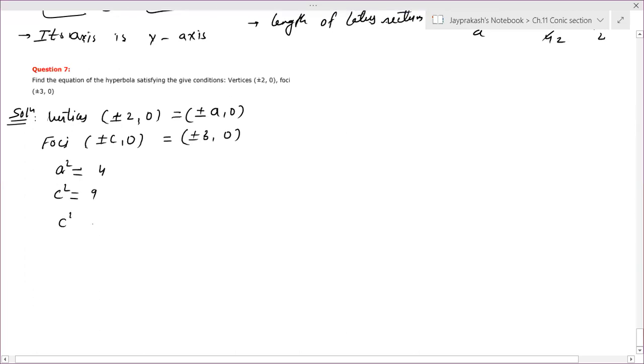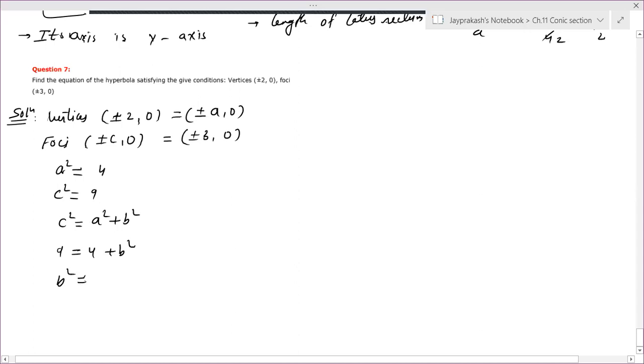From this we can calculate b square. So c square is equal to a square plus b square. a square is 4, so 9 is equal to 4 plus b square. So b square is equal to 9 minus 4, that is 5.